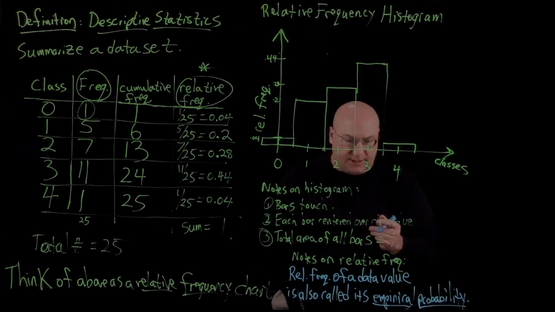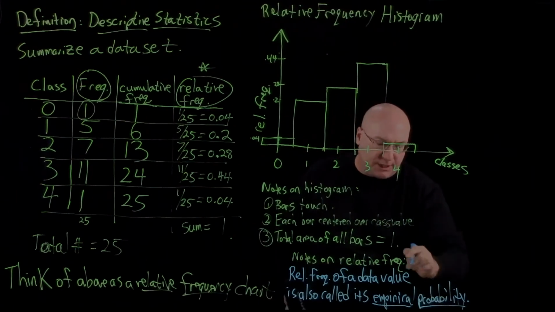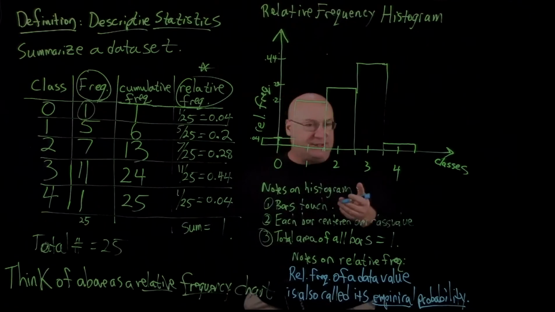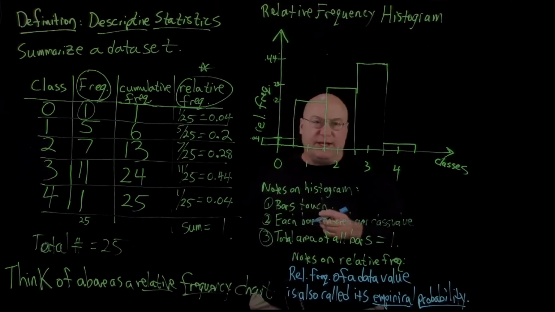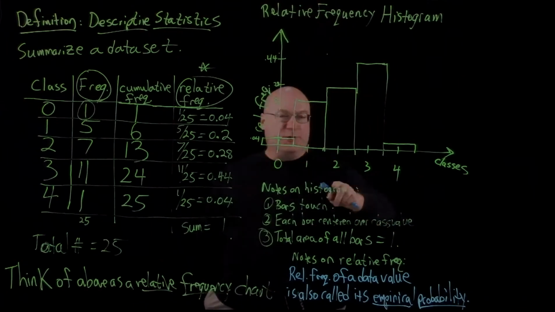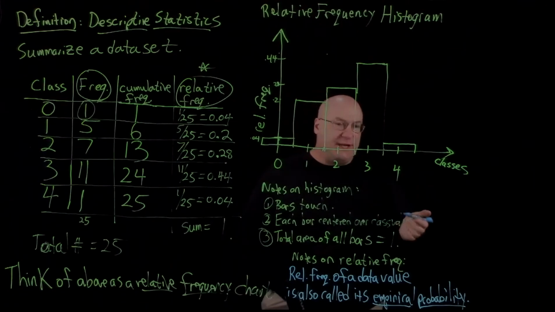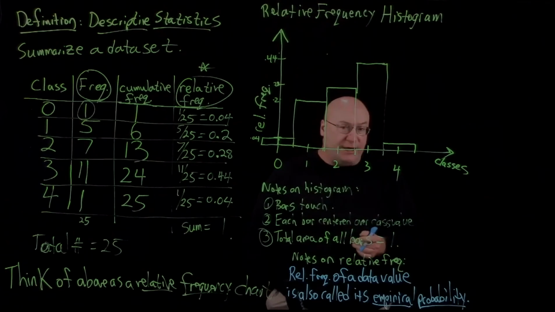I just want to say that I think you have this intuitive notion that what the probability of a number means is how likely is that number to turn up in the data set, right? So you can see that if, for instance, the relative frequency of 3 is 0.44, what I'm saying is that 0.44 or 44% of the data values have the value 3.